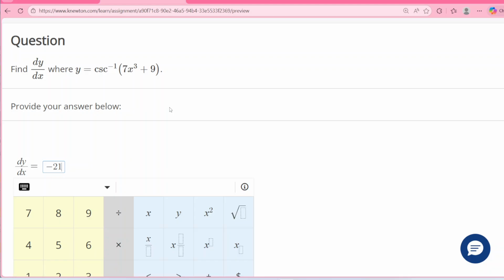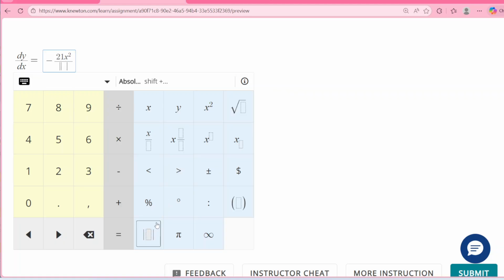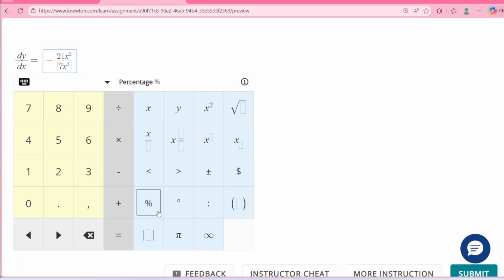So negative 21x squared in the numerator, and then the denominator would have the absolute value, which is on the keyboard here, of 7x cubed plus 9 inside that absolute value.